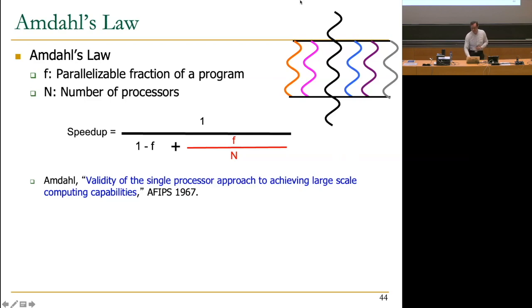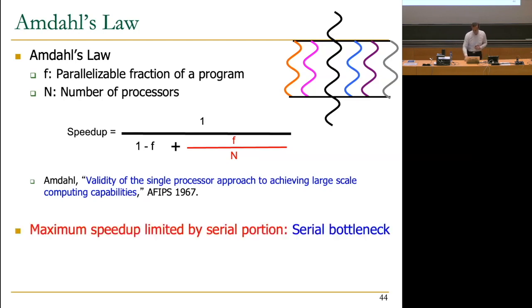Basically, that means that you need to do very, very little work in the serial part of the program. And the serial part of the program can be just distributing tasks to many, many processors, right? And that can take time. You need to really, really minimize it. So that's why Amdahl's law is so strong. Basically, that's what this says. Maximum speedup is limited by the serial portion. This is called the serial bottleneck. And this serial bottleneck term especially came about because of vector processors.